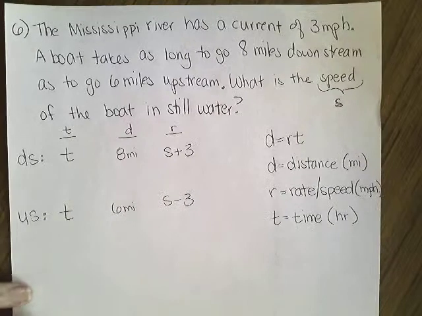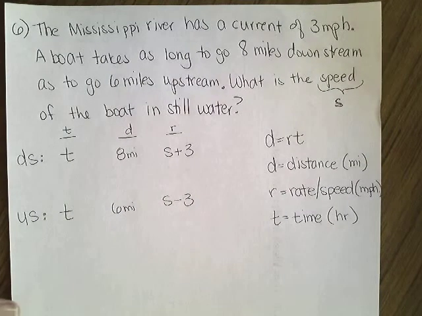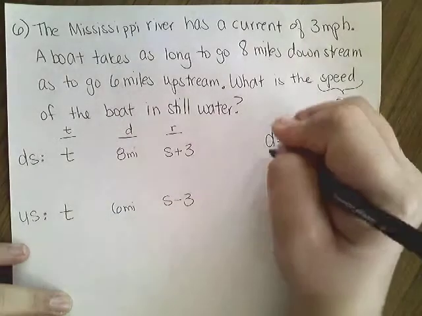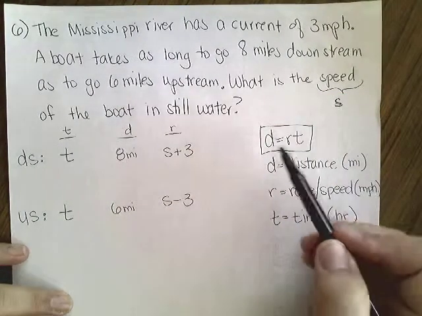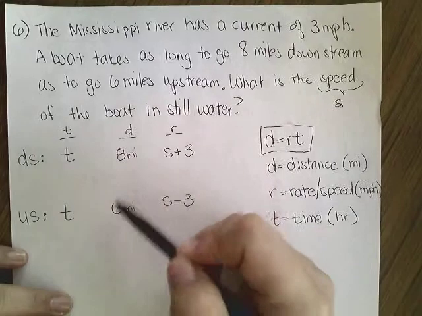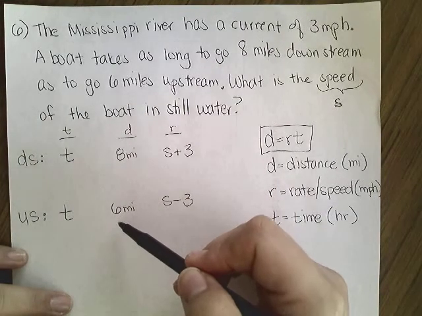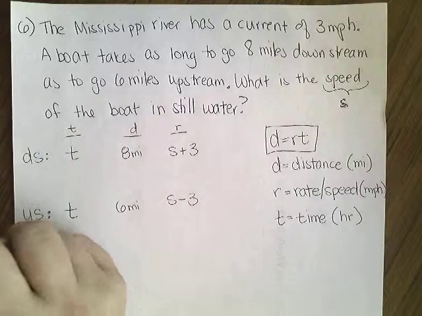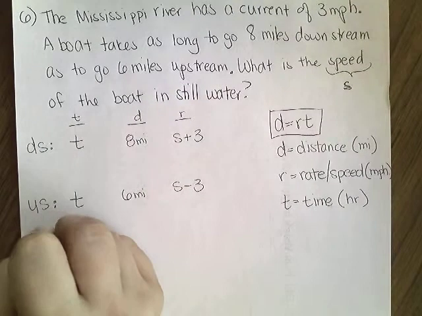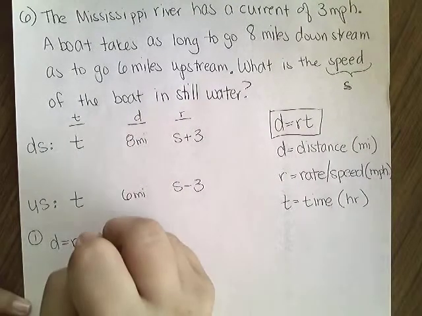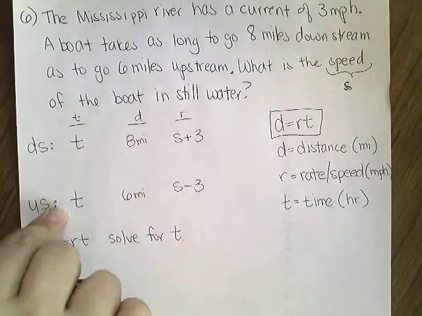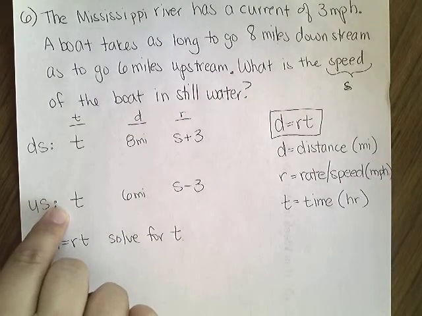Now, like we went over in the last example, we're able to solve for different variables in a formula. In this case, D equals RT, we're solved for our distance. Well, our distance is different in these, but what's the same? The time is the same. So I'm going to take D equals RT and solve for T, because that's what they have in common.